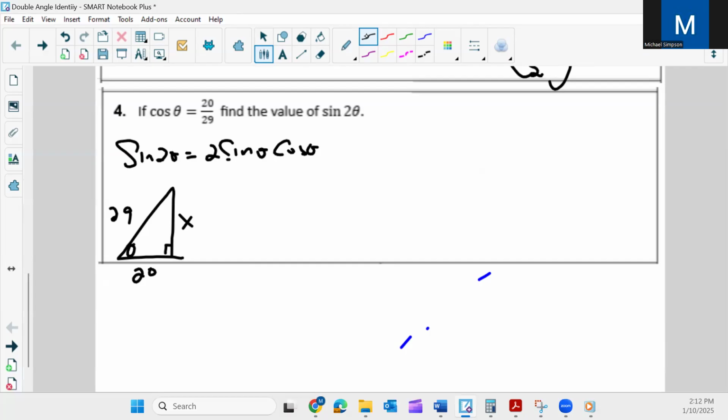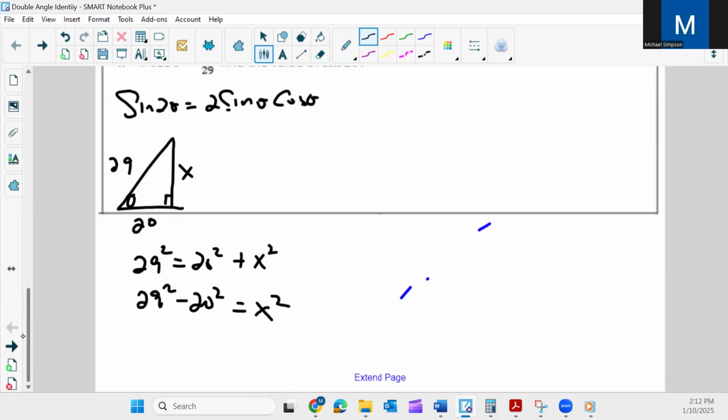You guys are well versed in the Pythagorean theorem by now. The missing side is the opposite side. So 29 squared equals 20 squared plus x squared. 29 squared minus 20 squared is equal to x squared.